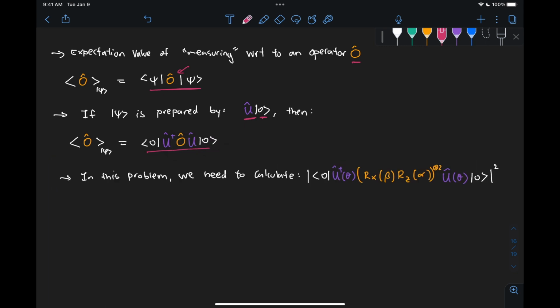And for this particular problem, this operator O is just the unitary of those rotation gates applied to both qubits. So it is very tempting to create a QNode in PennyLane for a quantum circuit that generates the state at the output using this unitary U of theta and return the expectation value with respect to this operator that we have here in the middle.